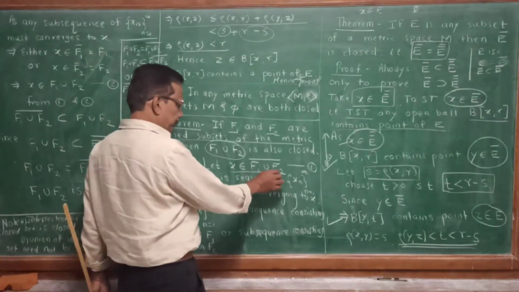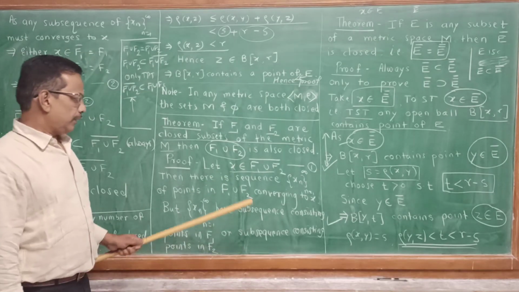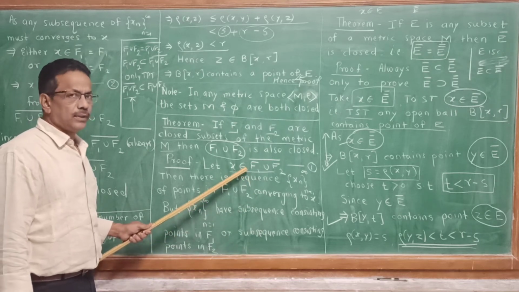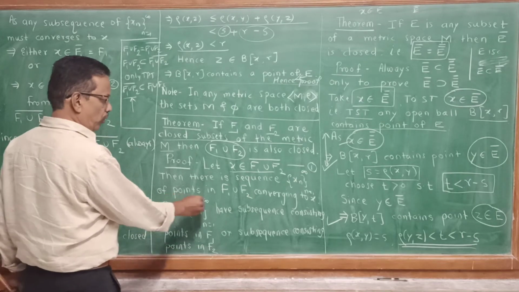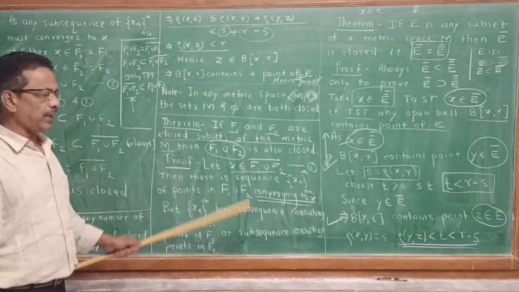What is the meaning? It means x is a limit point, therefore a sequence converges to x. This is the meaning of closure. Then there is a sequence xn of points in F1 union F2 converging to x.